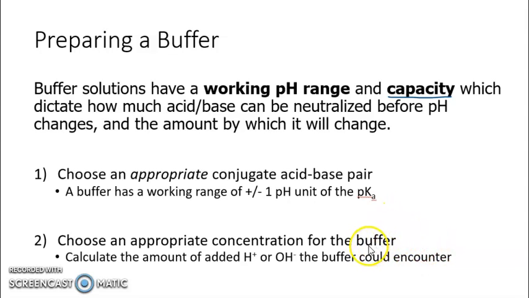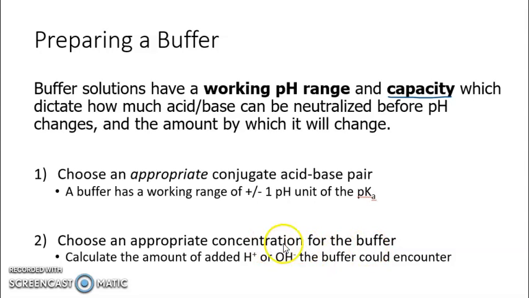And if I have a very high buffer concentration and I put a cell in that buffer, due to the hypertonic concentration of the buffer, the cell will lose water and it'll shrink.